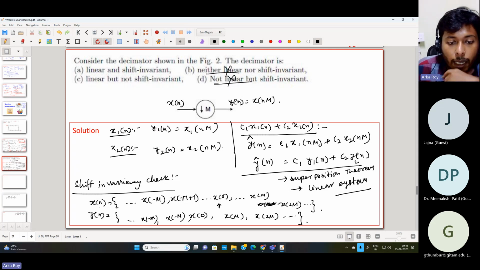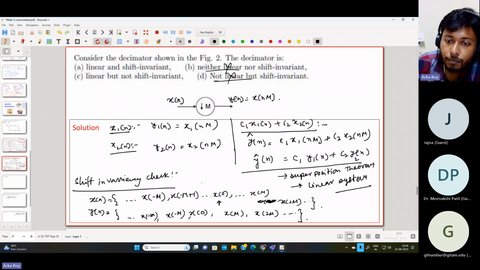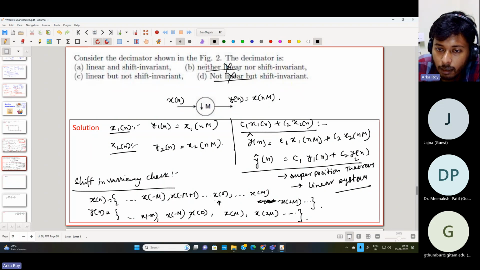Now what I'm doing, I'm delaying the signal by an amount of k, let's say. So I'm delaying the signal x of n minus k. So every sample is now shifted by an amount of k. That means what was at the 0th location, the sample x of 0, is now shifted by k.